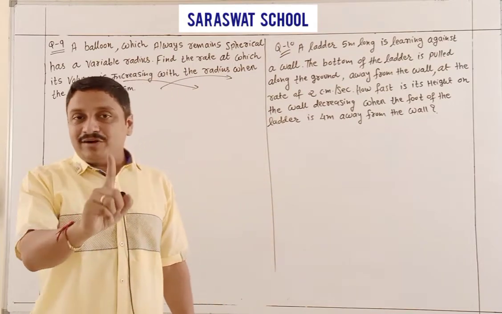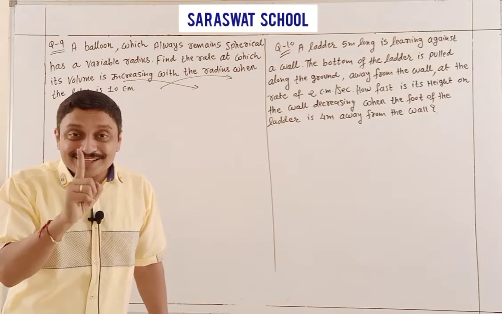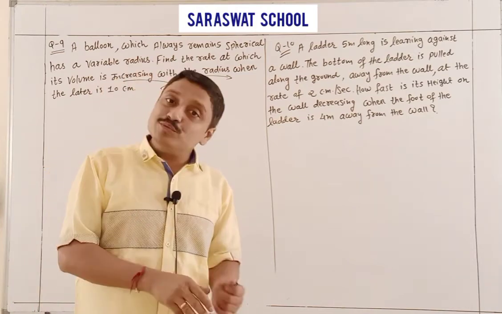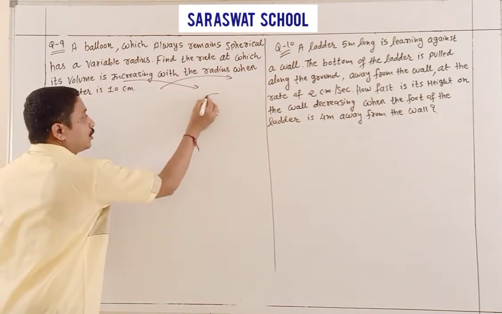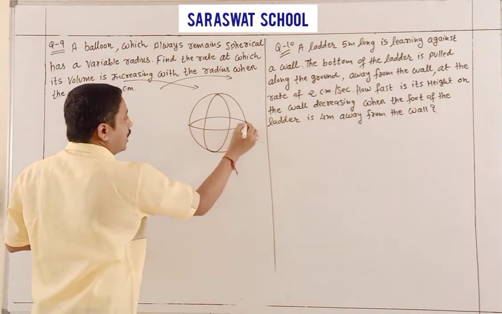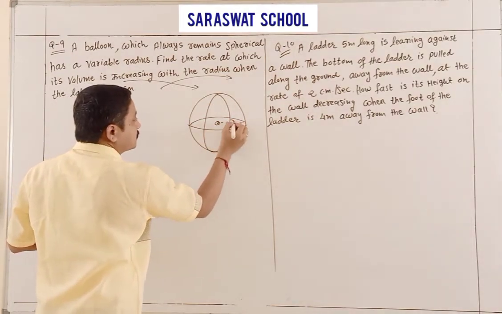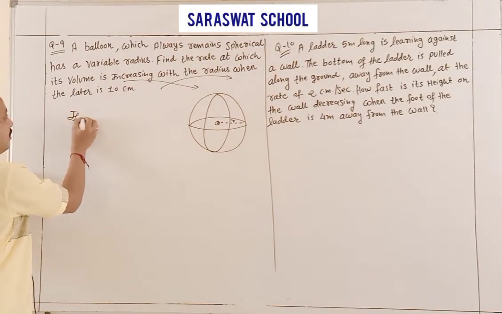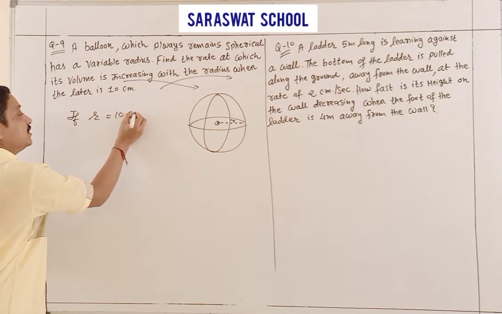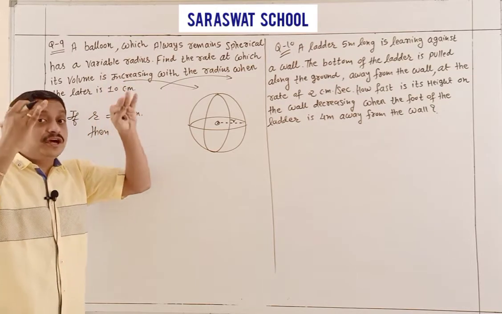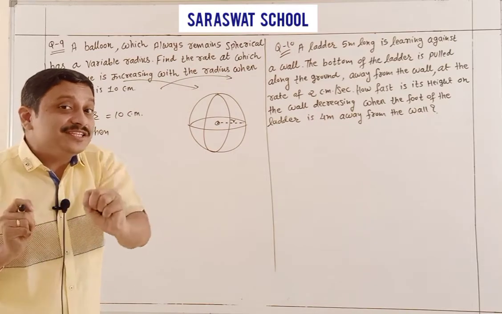Students, here the derivative is with respect to radius, because the radius is changed, then the volume changes. Consider a sphere, and that is your radius. The radius is given as 10 cm, so if the radius is 10 cm, the volume increases as the radius increases.